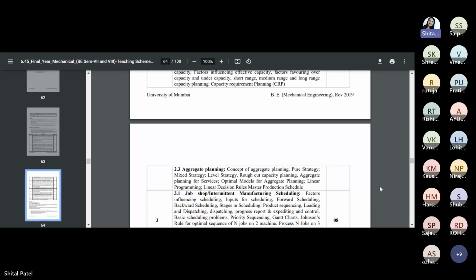So in the second part of module number 2, we have capacity planning as well as aggregate planning. This aggregate planning will also fall under the theoretical questions.